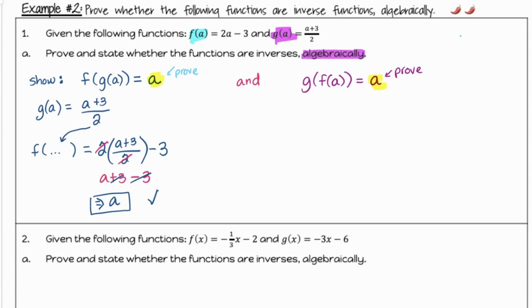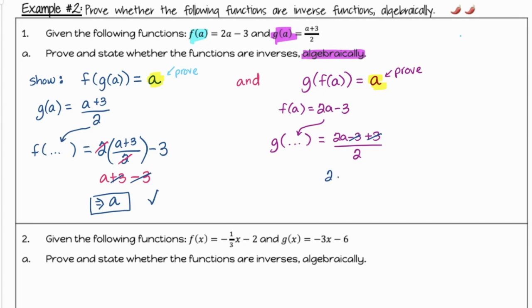So I'm going to start off here with my f of a function. And then I'm going to input that into my g of that new input and see if I am able to show A. All right, so there's my substitution piece. Again, now I'm going to try to simplify. First thing I notice, I could get rid of the 3s.